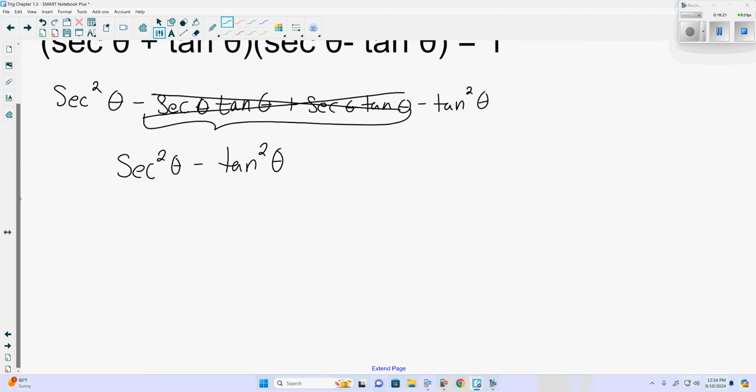Now at this point, we need to get this equal to 1. In your full note sheets, let's look at the Pythagorean identities. Is there one of those that has secant squared or tangent squared?